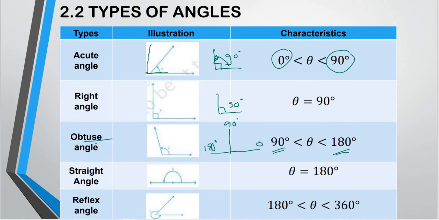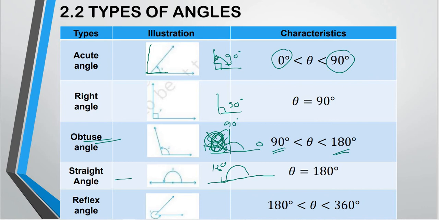An obtuse angle is in between here, in this area. Whether the line is here or here, what matters is that it is in this area, from 90 until 180. Straight angle, I already mentioned earlier. It is a straight line, this to this. 180.